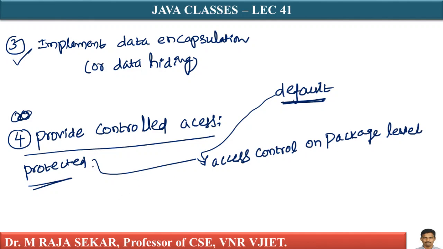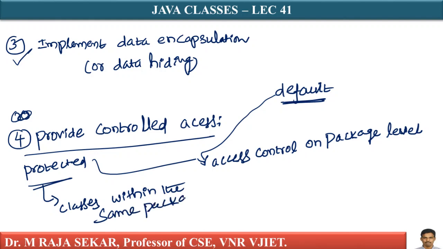A member declared as protected is accessible by classes within the same package. Just try to recall which I discussed about this protected access specifier.